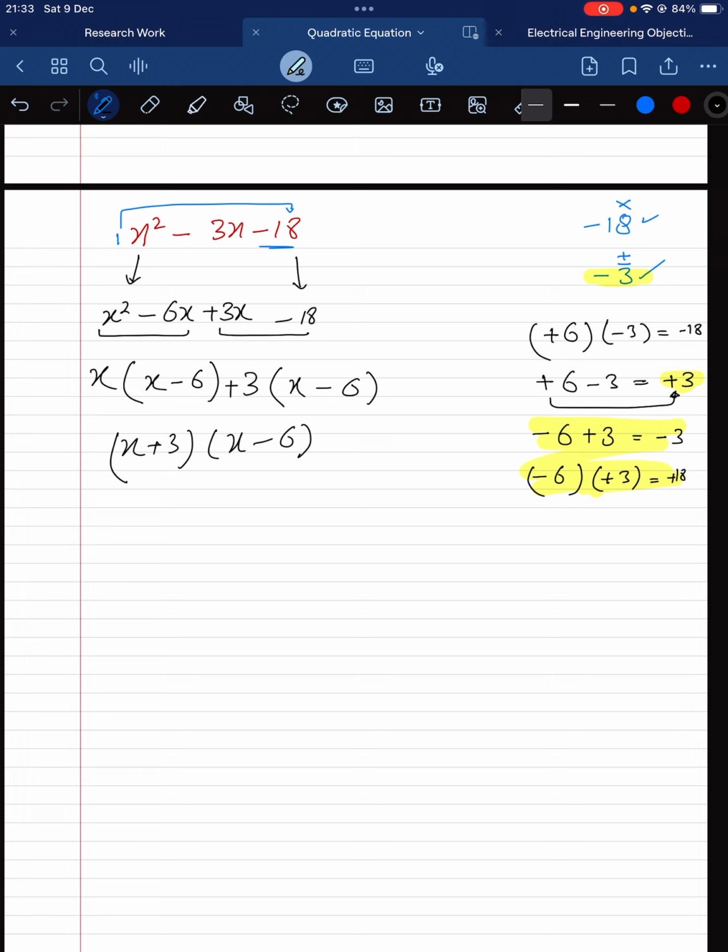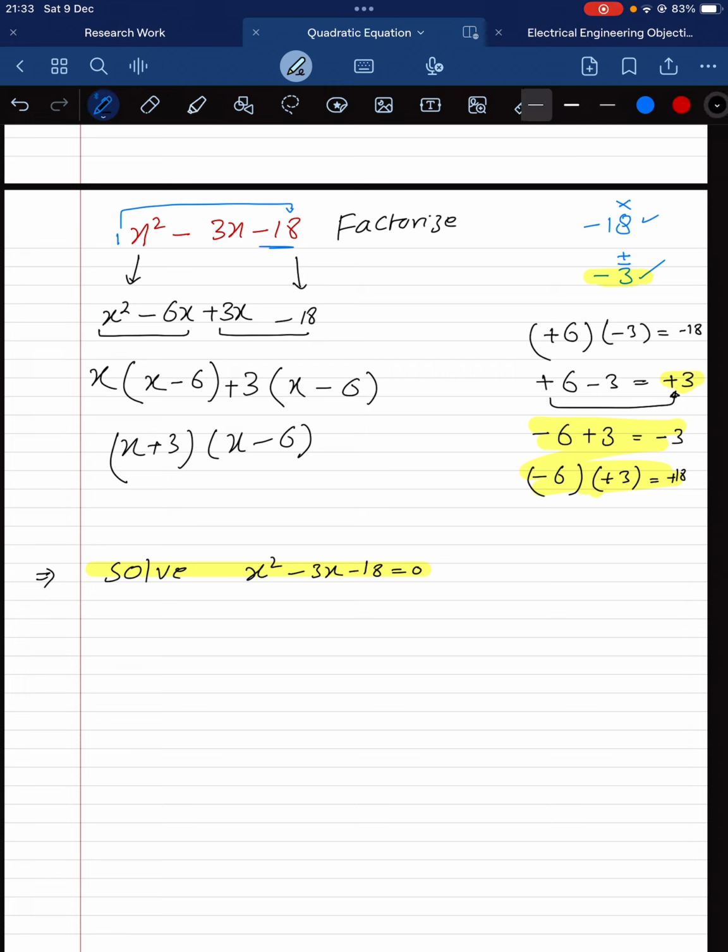And let's say first we have the question where they ask you to factorize it. Now we have the same question, but the question statement is solve x square minus 3x minus 18 is equal to 0. Now we are given this equation and we have to solve.